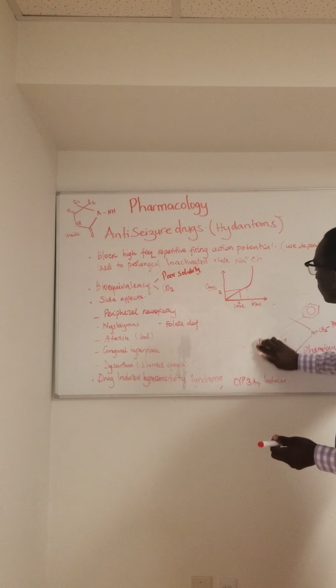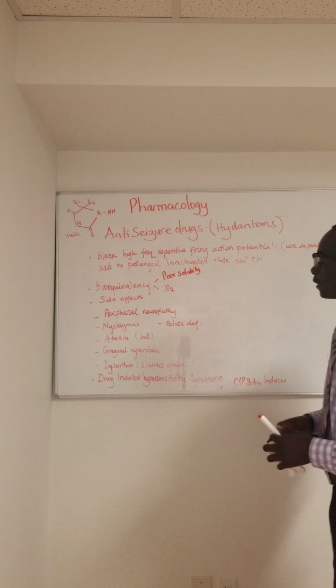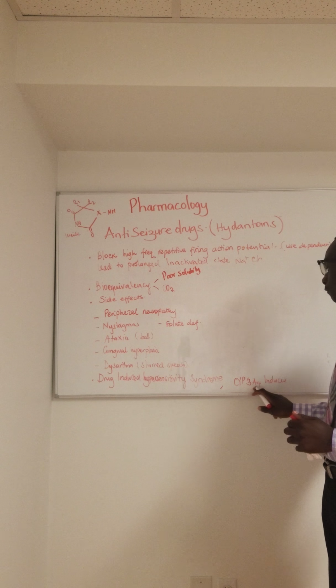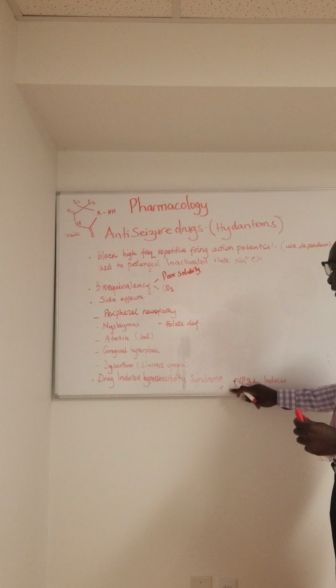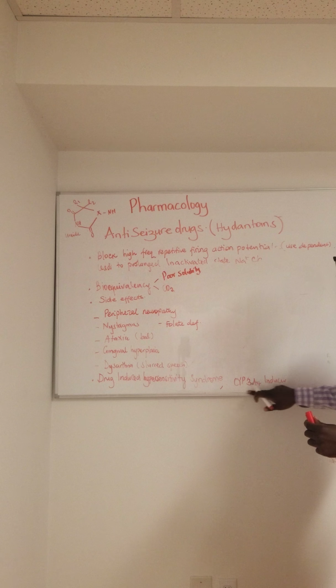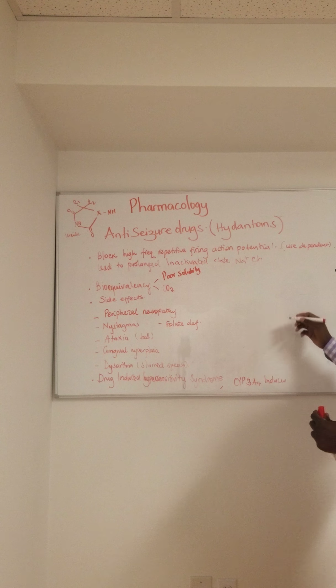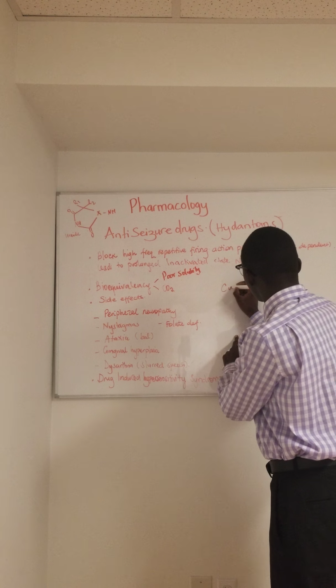The last point to note here is that phenytoin is an inducer of the cytochrome P3A4 enzymes. So any drug which is metabolized by this enzyme will be metabolized much faster compared to the normal mechanism.